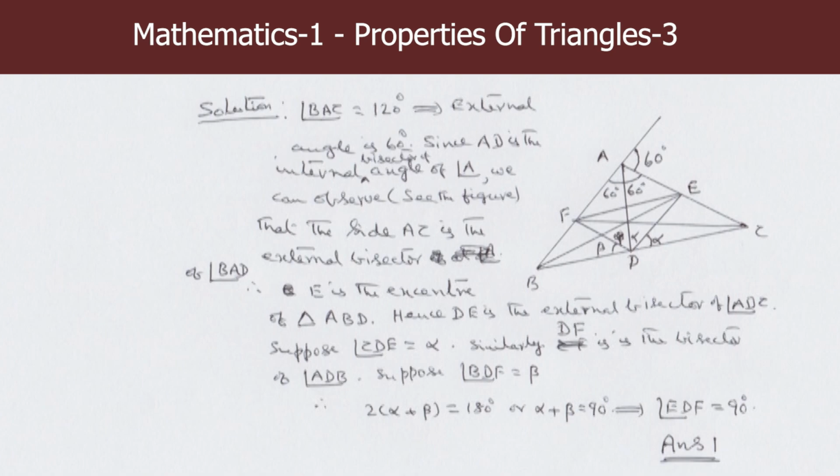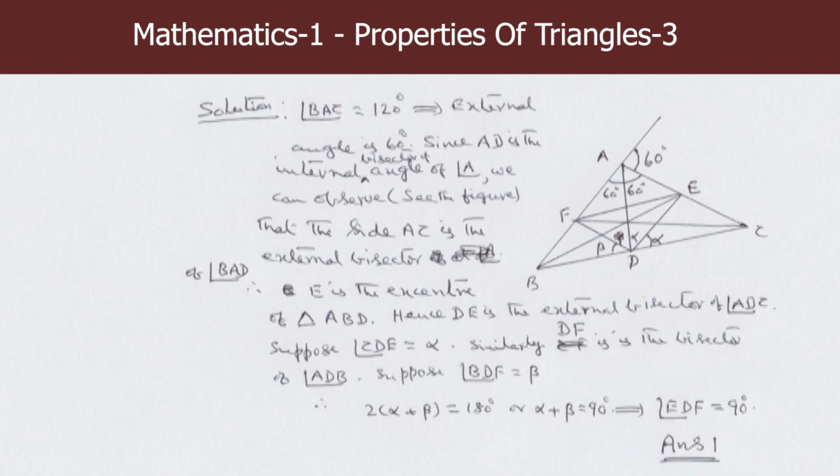We can observe, see the figure, that this side AC is the external bisector of the angle of triangle ADB at A. Because see, in the triangle, that is 60, 60, 60, 60. So AC is the external bisector of angle at A of triangle ADE.